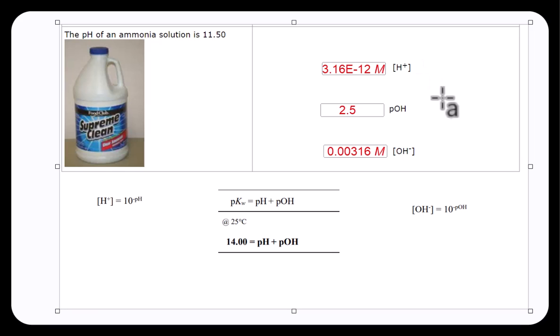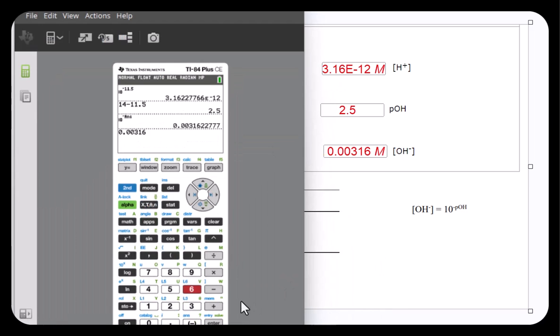Let me pull one extra thing up. I'll get my calculator out again. I'm going to take this and multiply it by 3.16, and I'll carry this out to 3.